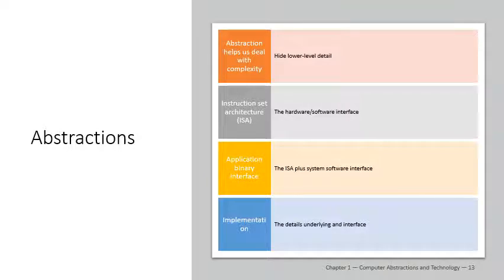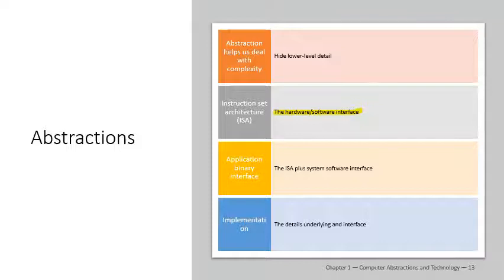Then we have the instruction set architecture, which is the hardware software interface: how your high level program is converted to assembly, and how that assembly code is converted to machine code, which is guided and helped by the instruction set architecture. And each processor has its own unique instruction set architecture.